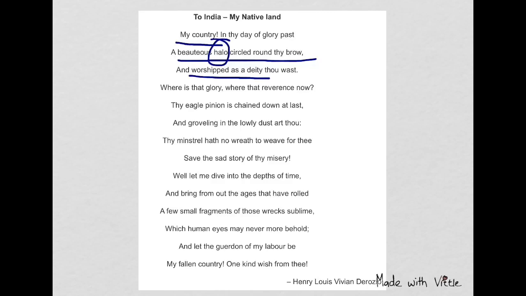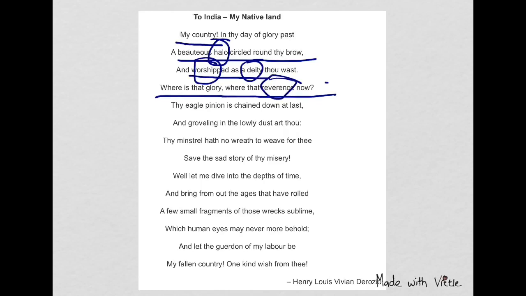Halo, worship, deity. These words suggest that the poet means that India was a holy land and she was worshipped as a goddess by her inhabitants. After considering this high esteem of this country, the poet is questioning, where is that glory, where that reverence now?